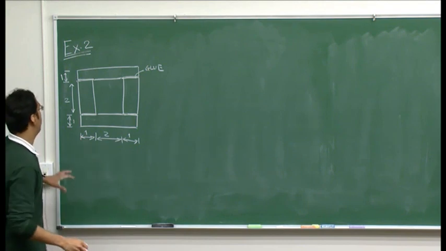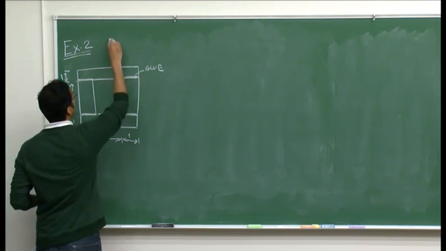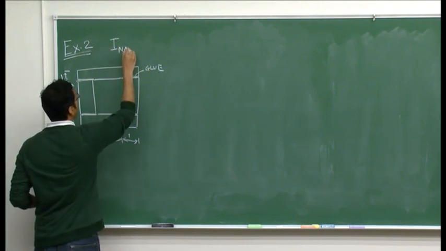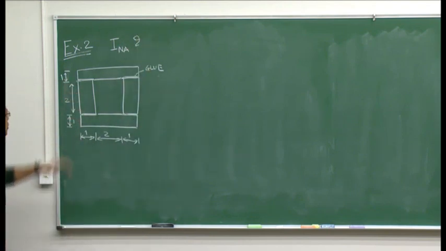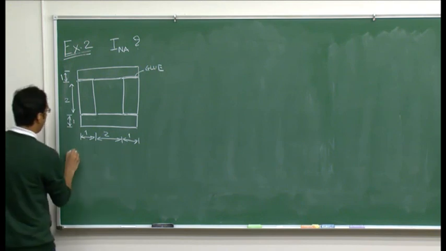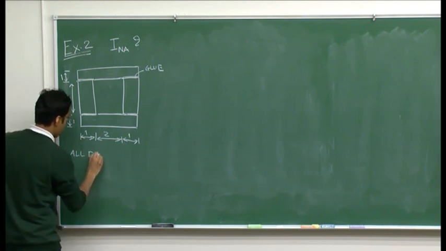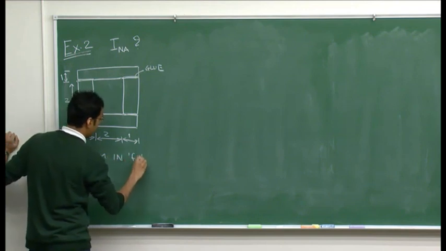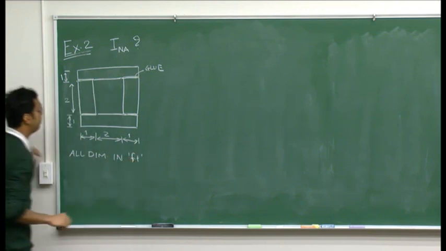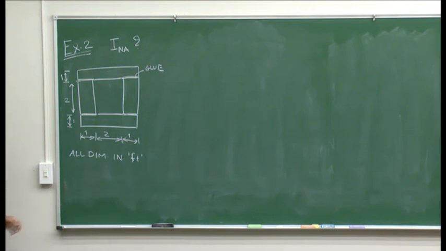Okay, perfect. So again, the problem is same. Find moment of inertia of this box beam about its neutral axis. And again, all dimensions are in feet.